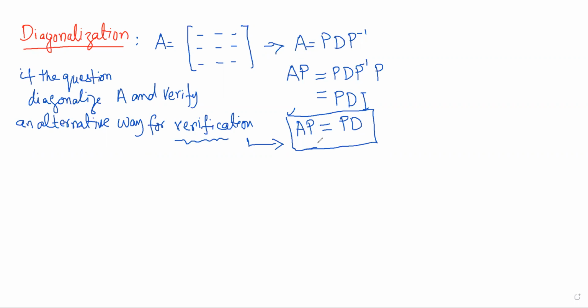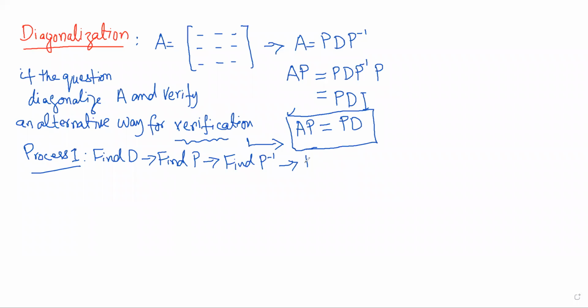So in this case, for example, process one: you find D first, then find P, then find P inverse, and then verify by multiplying P with D and then PD with P inverse.